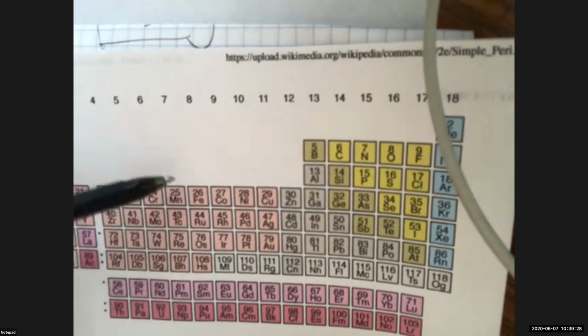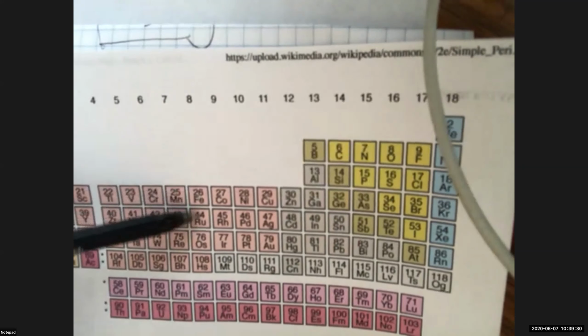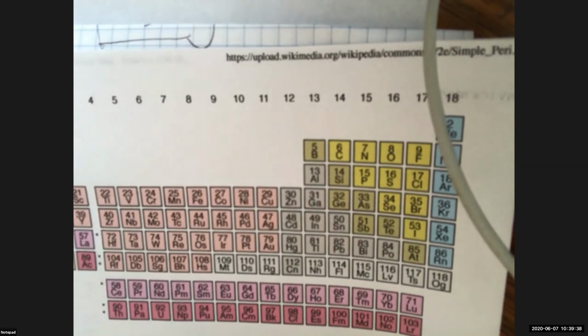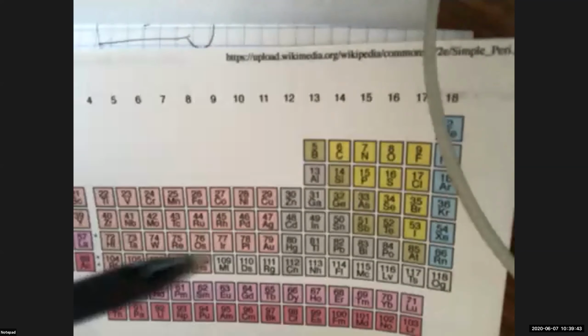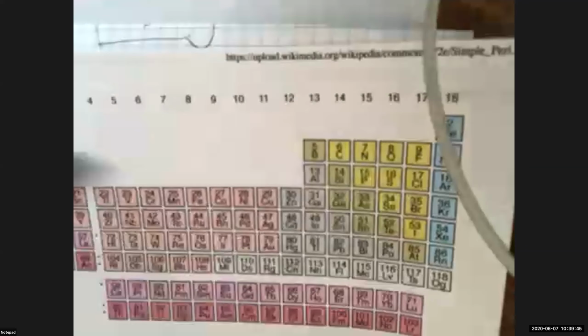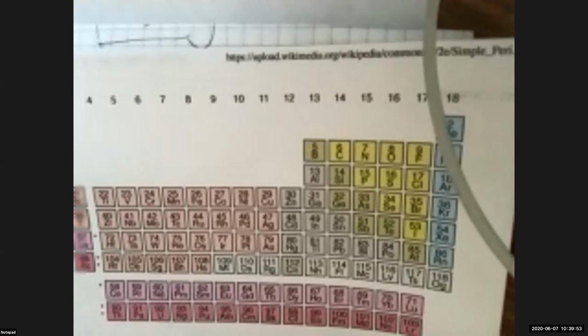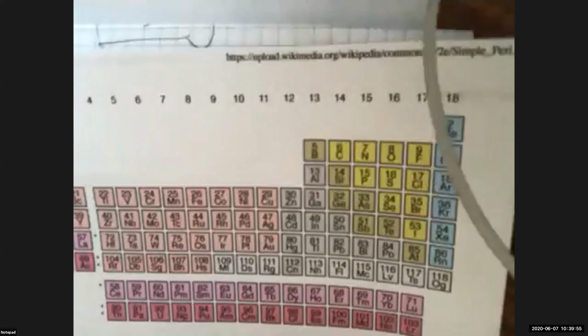So elements in the same group have similar reactivities. And an element in, say, the alkaline earth column is going to have a reactivity with the halogens. All the alkaline earths are going to react similarly with all the halogens, so it's going to be a similar type of reaction. It might not be as vigorous. Usually as you go down a column, the reactivity of the element increases.